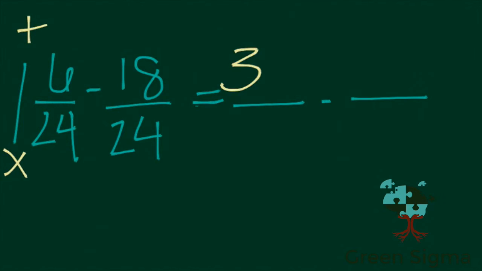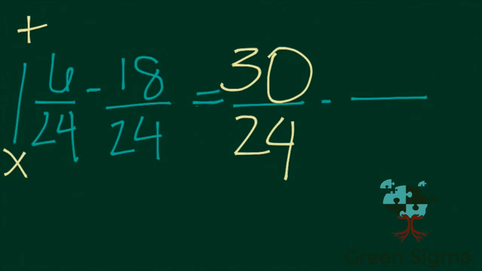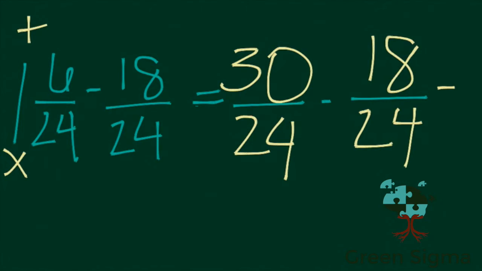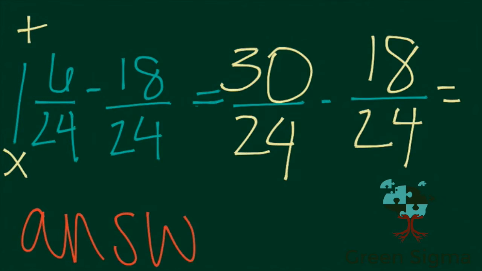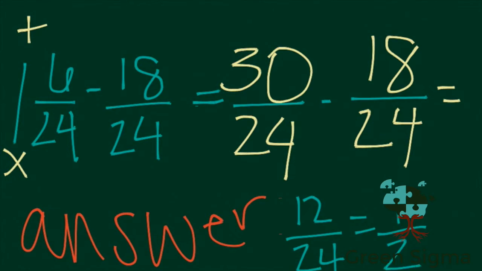Okay, so then 30 is going to be our numerator in that case, and then our denominator stays at 24. And then the same thing for this one, this remains. And now we just subtract like usual, and our answer is going to be 12 over 24, which simplifies to 1/2.